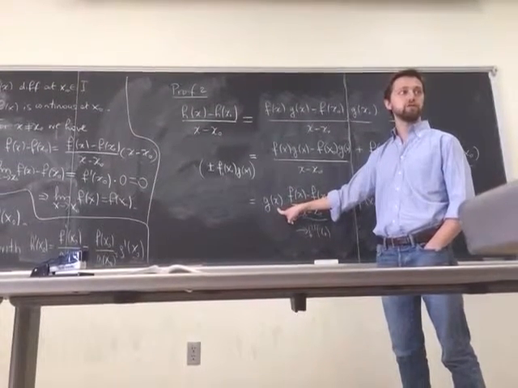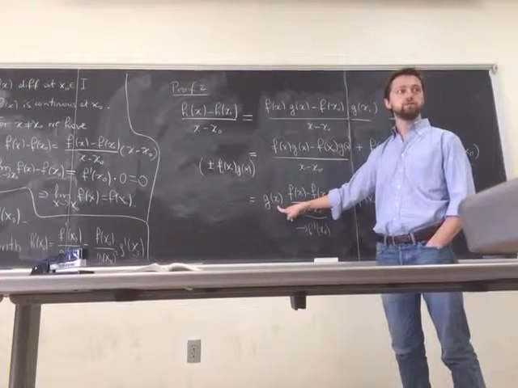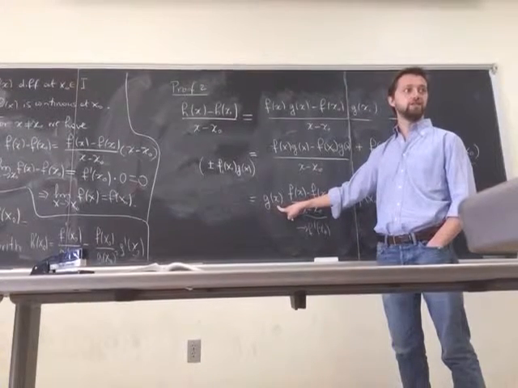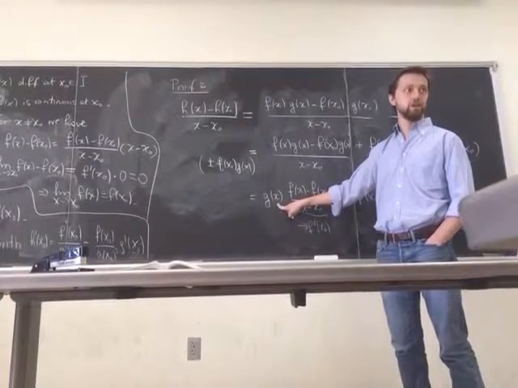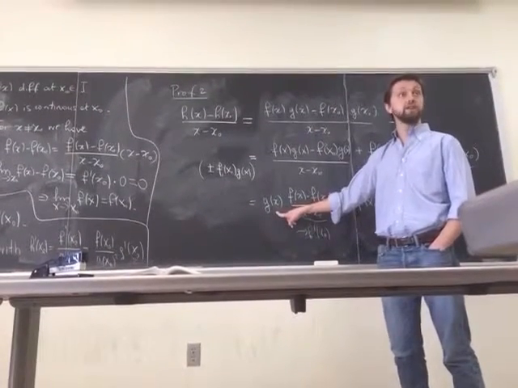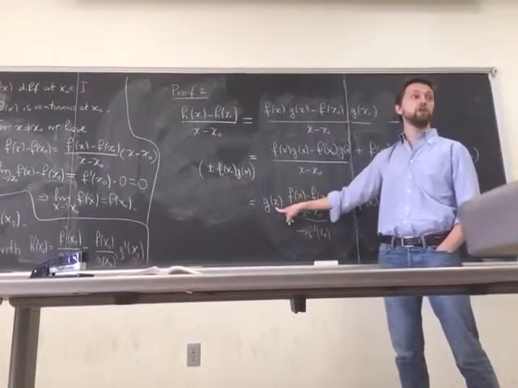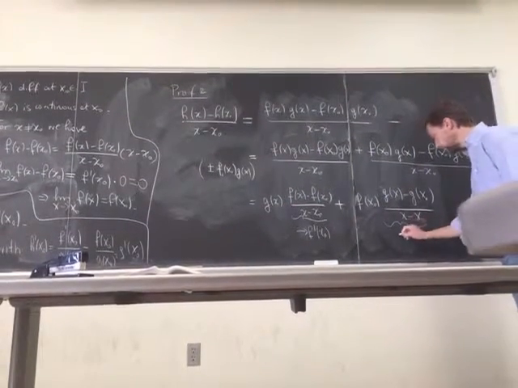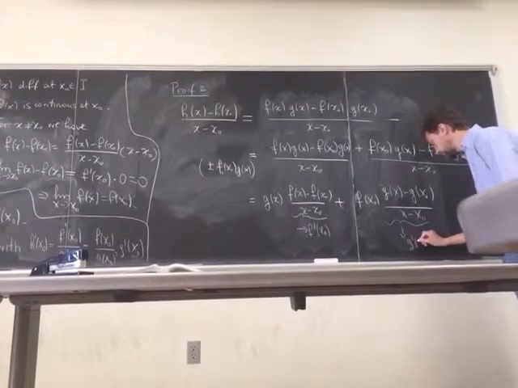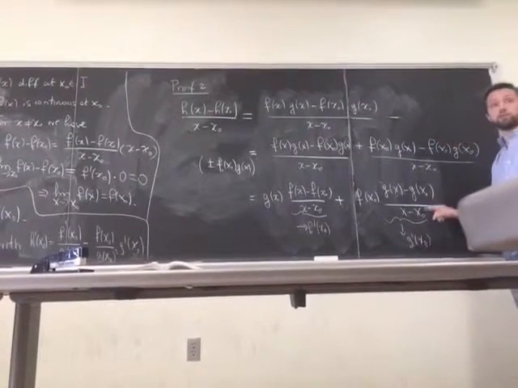What happens to g of x? Does it go to g of x naught? Why? Because g is differentiable, and that's continuous. G is differentiable. The fact that g is differentiable doesn't tell you anything about g of x in principle. It's just telling you that this fraction goes to g prime of x naught, right? That's what it tells you.